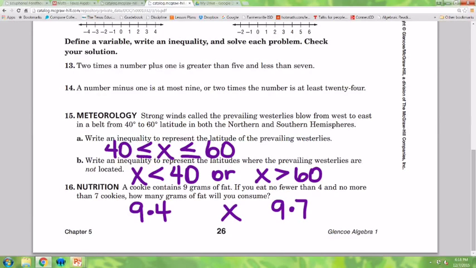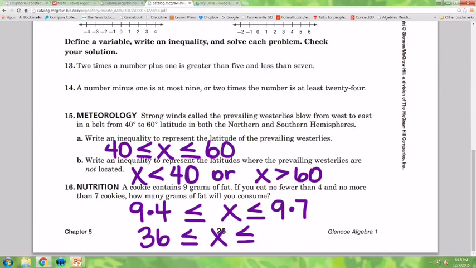Okay, so we're saying that we're going to eat more than or equal to 4 cookies and less than or equal to 7 cookies. So we're going to go ahead and multiply 9 times both of these to find out the number of grams of fat. So 9 times 4 is going to be 36 grams of fat, which has to be less than or equal to x.